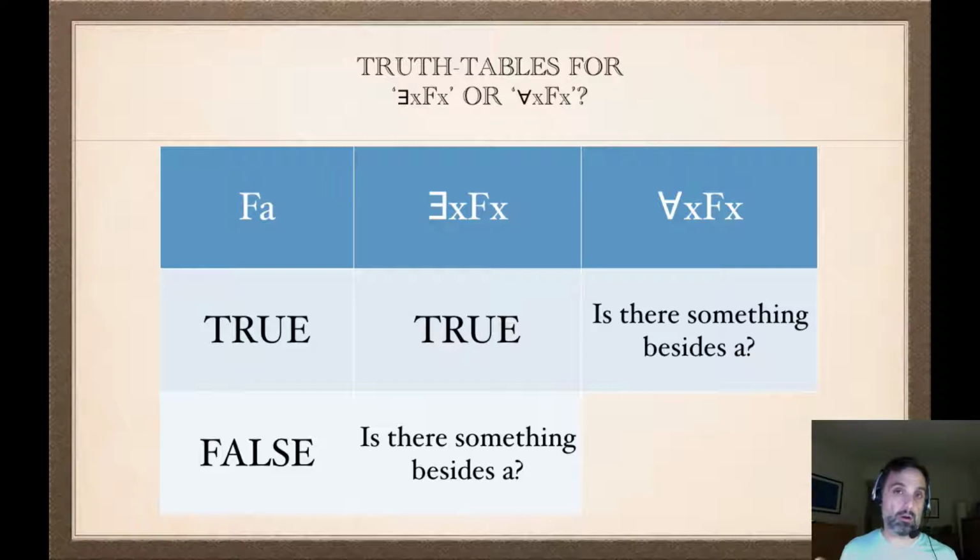But if there are other things, and at least one of them is a frog, then some x Fx is true. So the fact that Fa is false doesn't tell us whether or not some x Fx is true. If Fa is false, then for all x Fx is false, because it's not the case that everything is a frog, because Alfred isn't. Okay, so Fa by itself doesn't tell us whether or not some x Fx or for all x Fx is true.